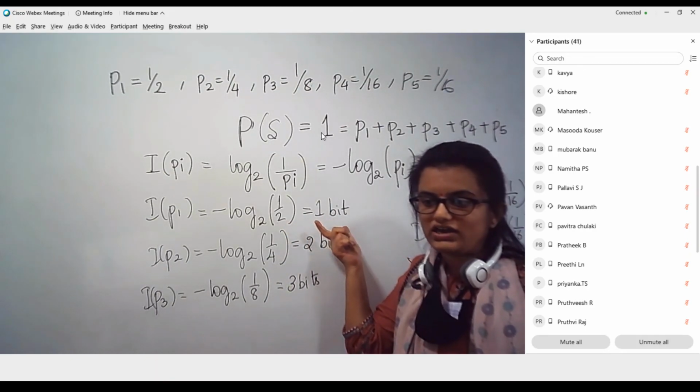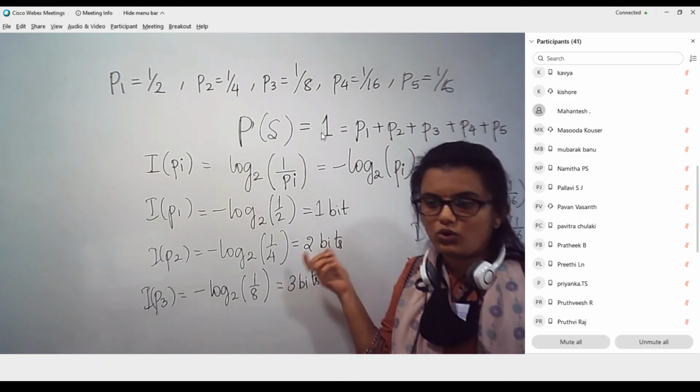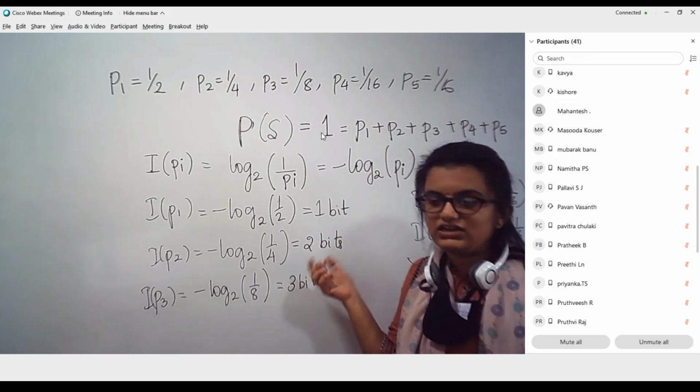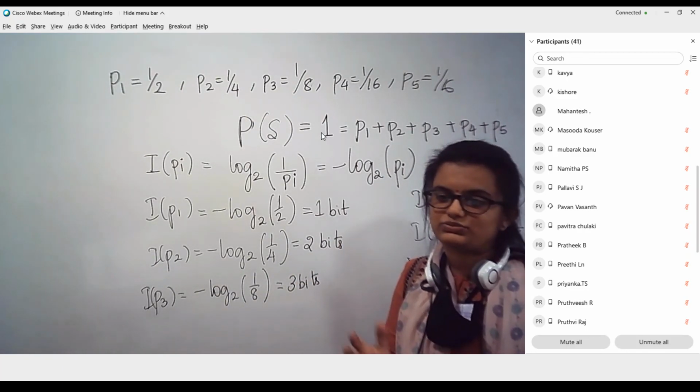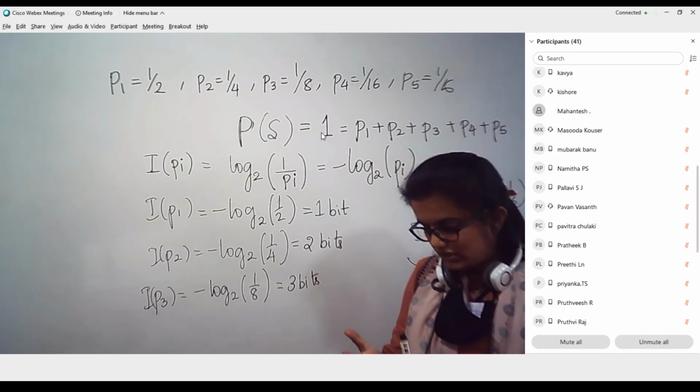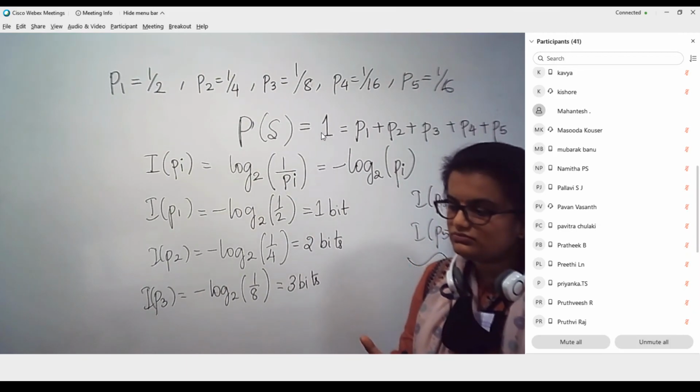So this is how I can code my information with a variable length such that I can reduce the total number of bits involved in the transmission of information, thereby reducing the required bandwidth in the channel. Is this clear?